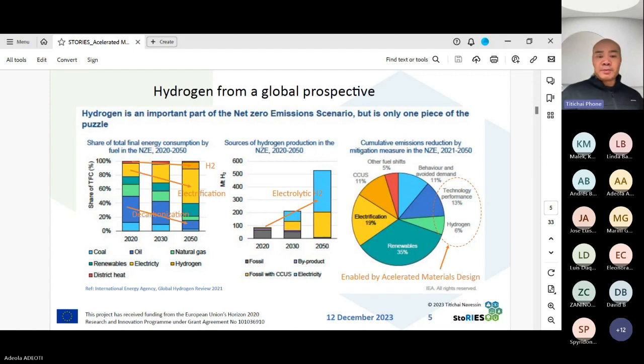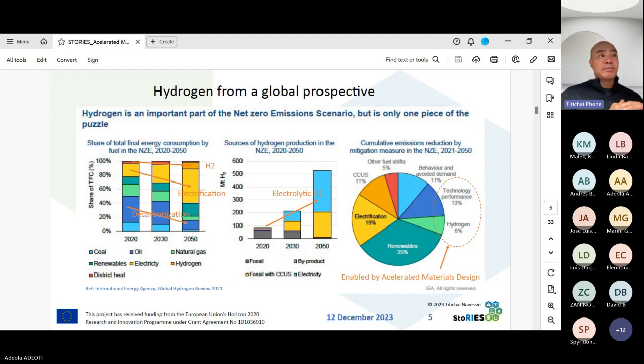So from the global perspective, this slide shows the projection to meet the net zero emissions scenario by 2050. Globally we have to move towards decarbonization. Electrification is projected to increase dramatically, and the use of hydrogen will be increasing dramatically. If you look at the left figure, you can see that trend that I marked up on the graph.